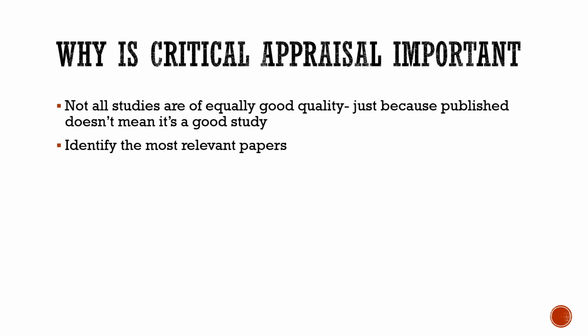When I went to the databases to search, I got something like 15,000 articles. So of course you put different limitations to narrow down your search, but critical appraisal also helps you identify the most relevant papers, because it's not realistic for you to look at so many papers. You need to narrow it down.